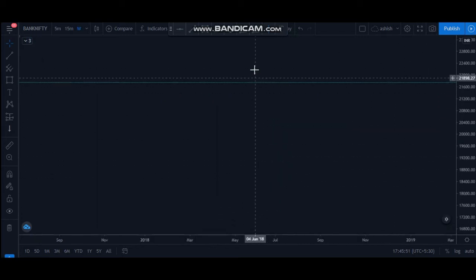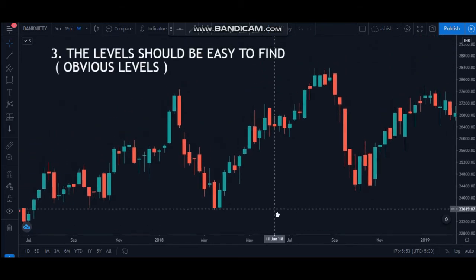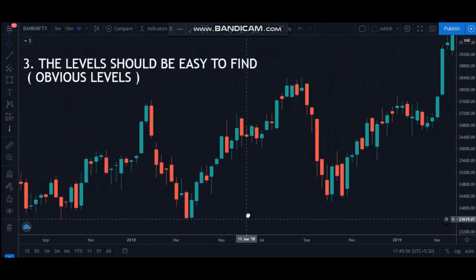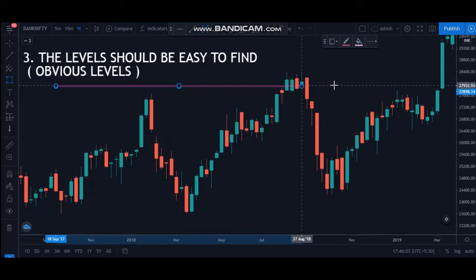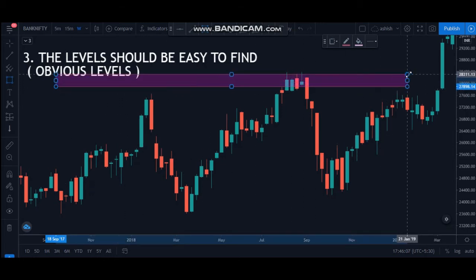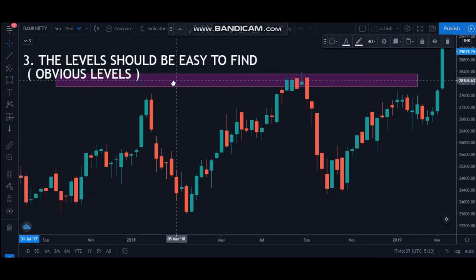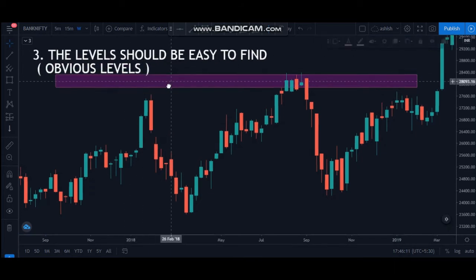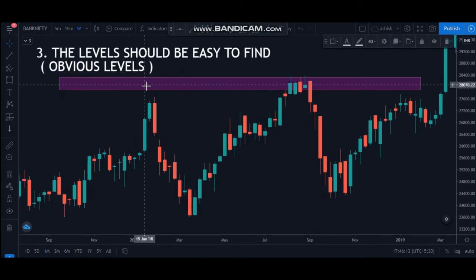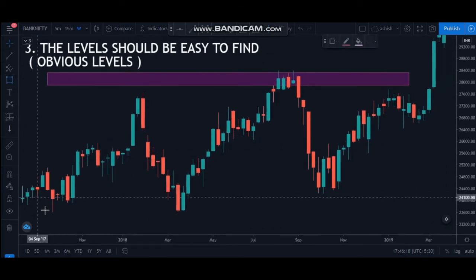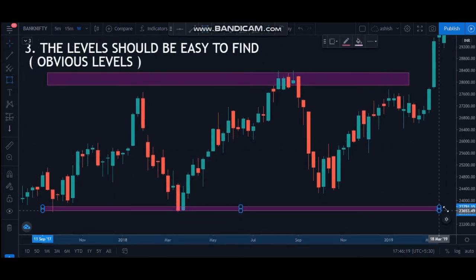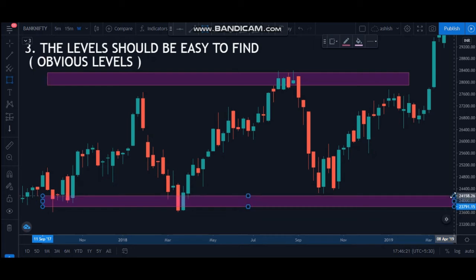Let's move on to the third one. Third, the levels should be easy to find, obvious levels. So here you can see in Bank Nifty, this level acts as a resistance and down here this level acts as a support.